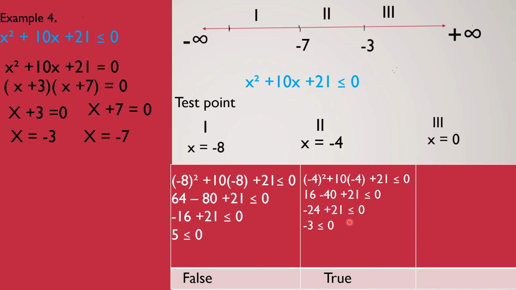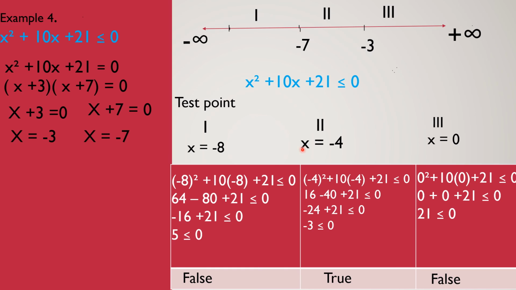And for the last part here, we have negative 3 going to positive infinity, x is 0. That's the point that we're going to choose. Or any point actually, but this is what I have here. I choose 0, so that is 0, and this is also 0, so it's easy to manipulate. So what I have now is positive 21 less than or equal to 0, which is false.